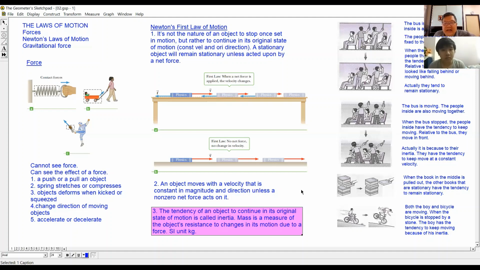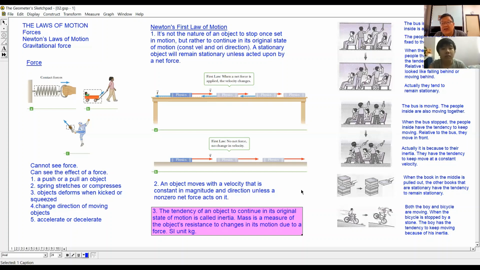Now, mass and inertia are different things, okay? Inertia has no units. We can feel that there is an inertia, but we cannot measure the inertia. Unlike mass, mass is how much matter you have, and it can be measured.